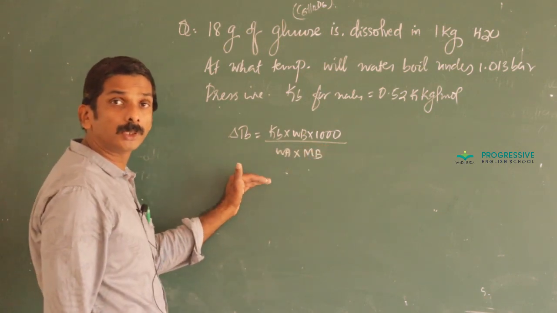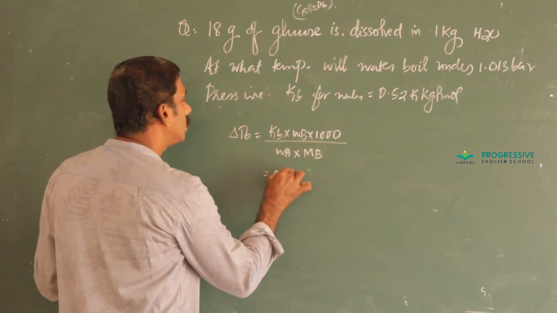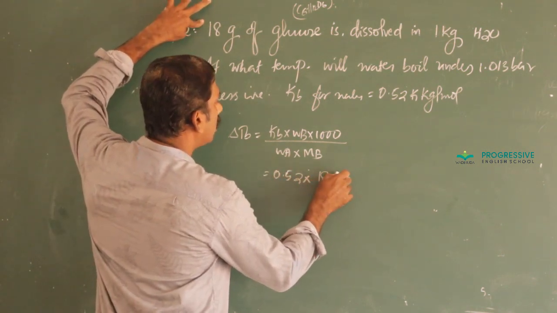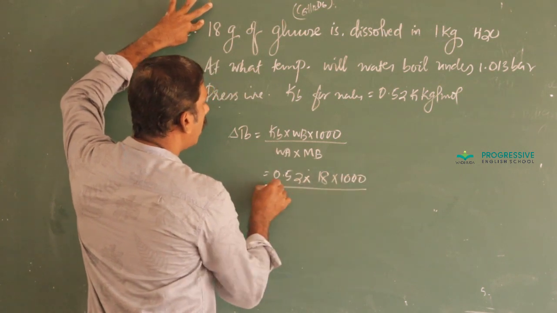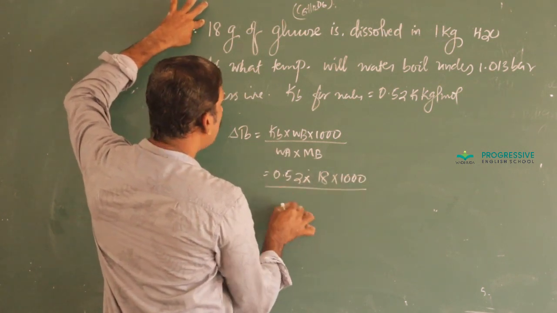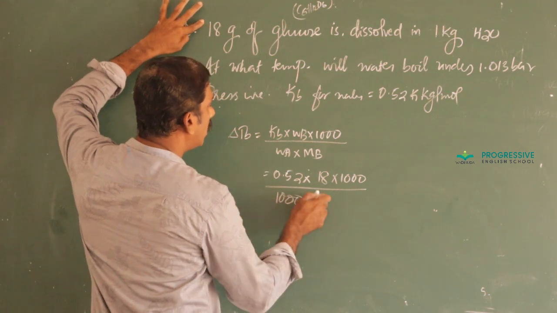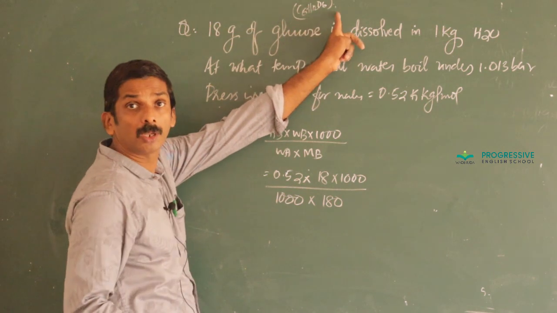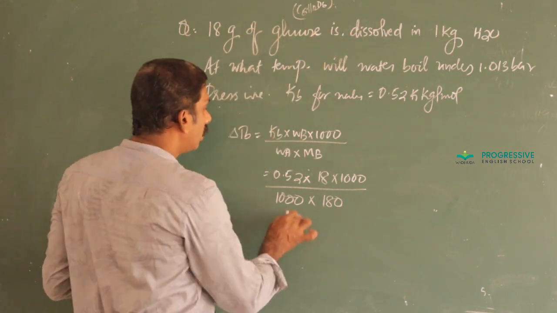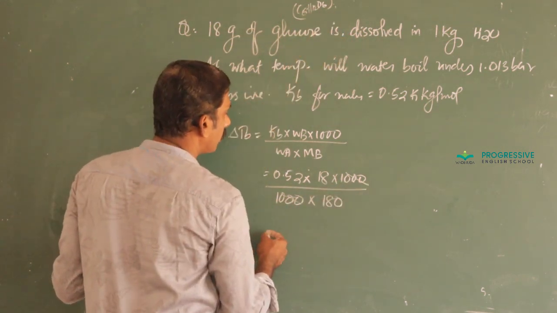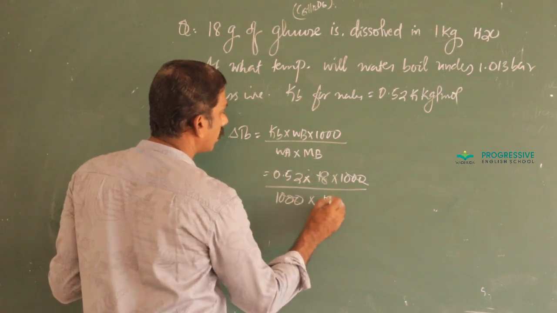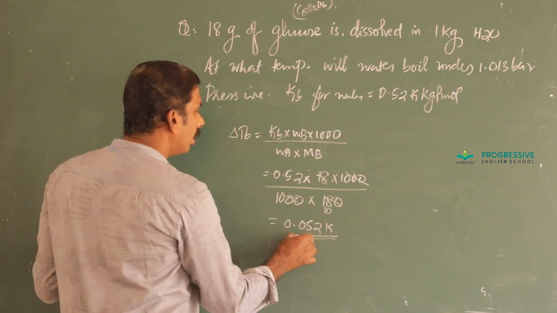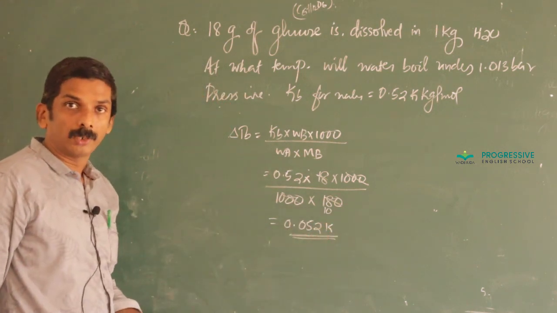Kb water 0.52, Wb 18,000 divided by Wa 1 kilogram, 1000 gram, into Mb 180. 180 is the molecular mass of glucose. Equal to 0.052 Kelvin.